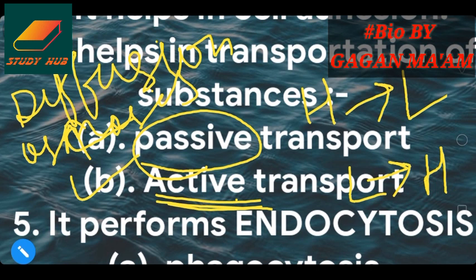In this process, carrier protein act as a carrier. I have already told you earlier that carrier protein, channel protein or tunnel protein, these proteins help in the transportation of molecules. So this active transport occurs with the help of these carrier proteins.